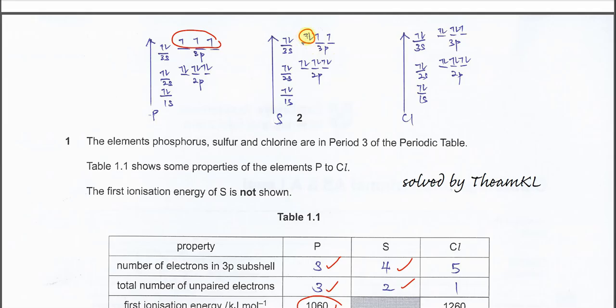Since they have repulsion, the electrons in this orbital are easier to remove. When it's easier to remove, of course, it needs less energy. So sulfur uses less energy than phosphorus to release the first electron. So the first IE for sulfur is lower than phosphorus because of this spin pair repulsion effect.